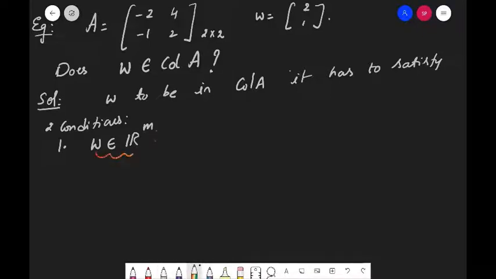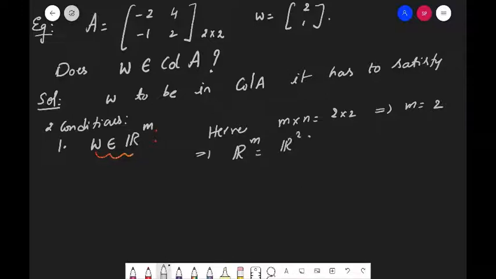Now here you have m by n equal to 2 by 2, which implies m is equal to 2, which implies I have Rm equal to R2. Now what is W? W is equal to 2, 1. So obviously it belongs to R2. So the first condition is satisfied. Now let us see the second condition.